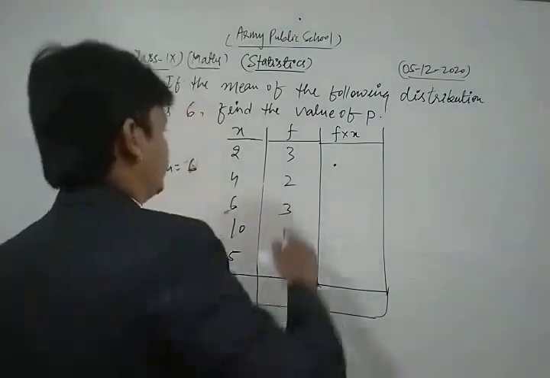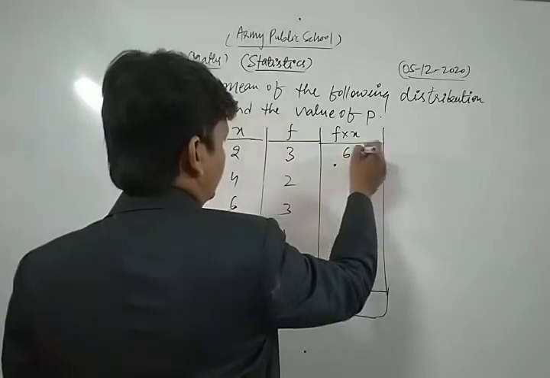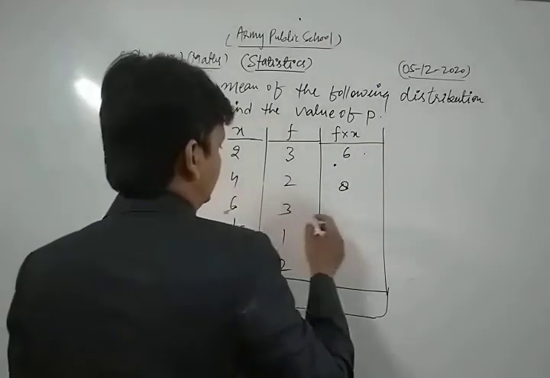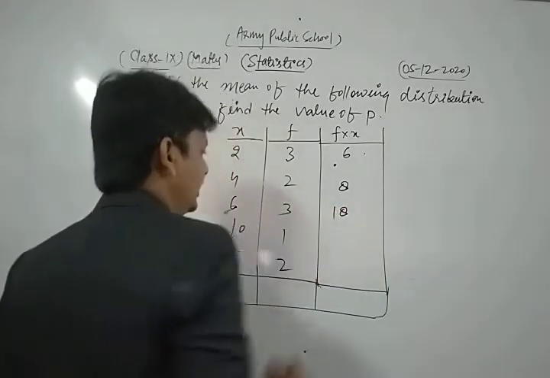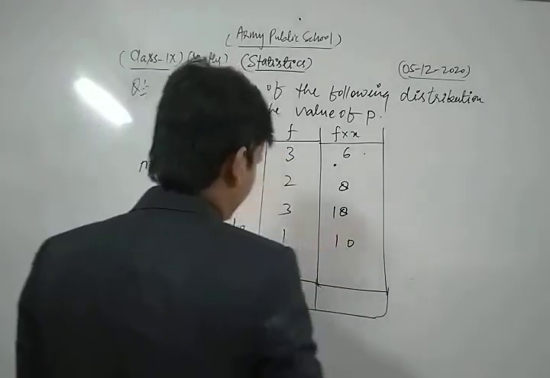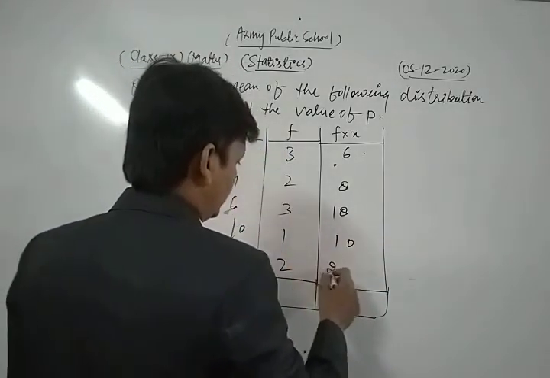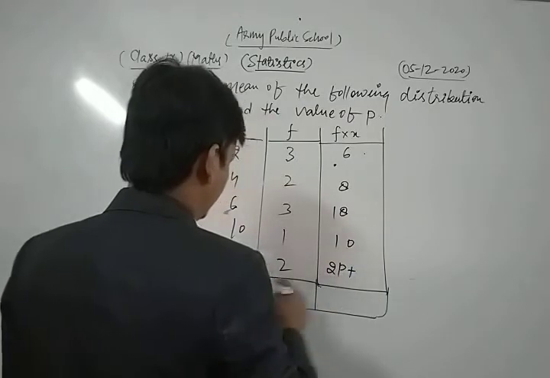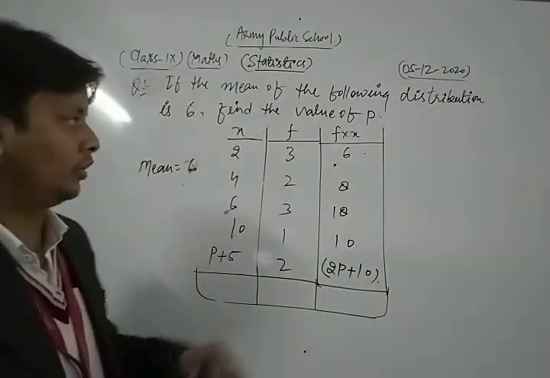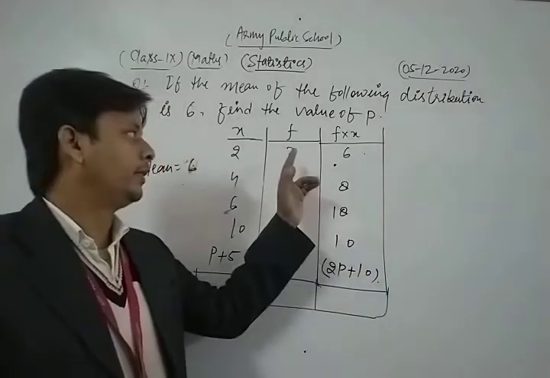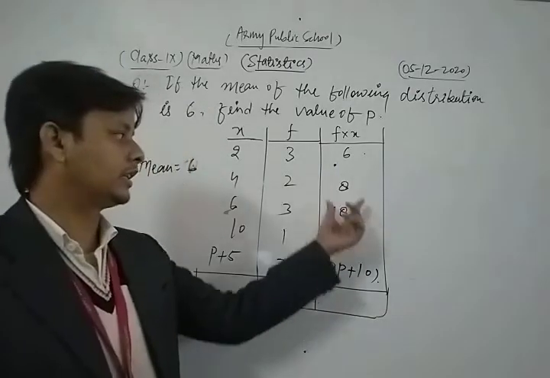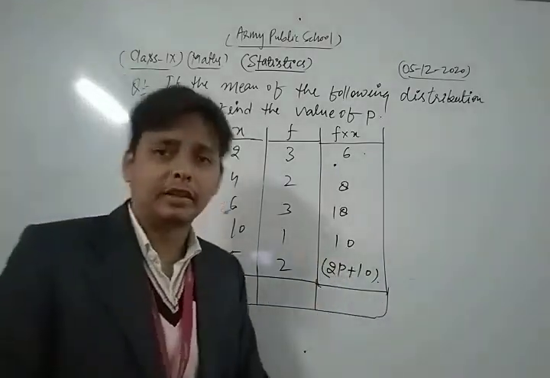So we get 3 2s are 6, 4 2s are 8, 3 6s are 18, 1 10 is 10, and 2 times (p plus 5) is 2p plus 10.